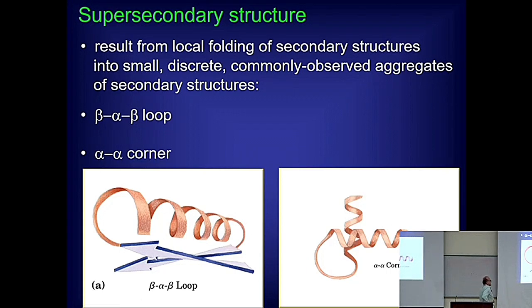So we get to something called supersecondary structure. The best way to describe it is a further organization of the secondary structure that creates another unique shape or pattern, but it's not quite tertiary structure.